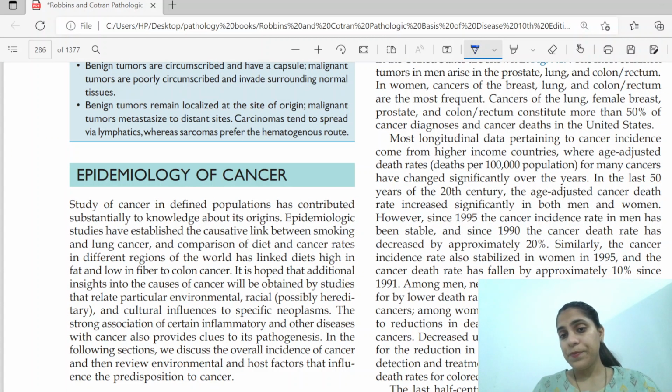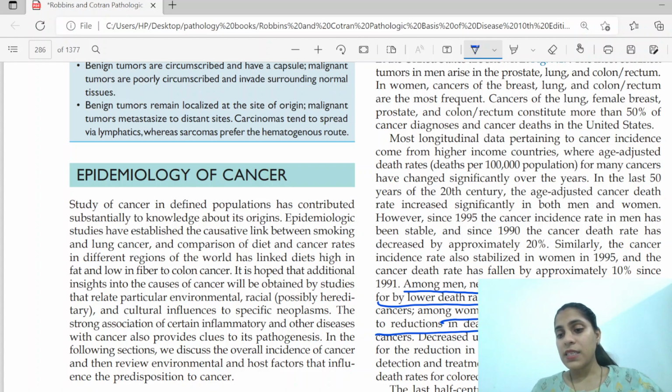So to study, we have seen that earlier in men, nearly 80% of the decrease is seen. The death rate has reduced in lung, prostate and colorectal carcinoma, and in women, nearly 60% of the decrease is due to reduction in death rate from breast and colorectal carcinoma.